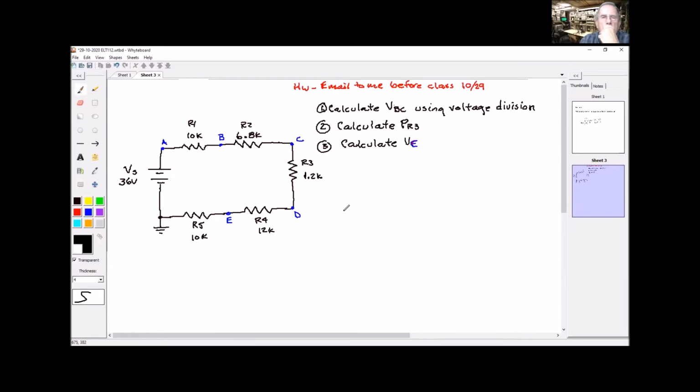Okay, so you were asked to calculate VBC using voltage division. Between B and C is R2, so that's the resistor we want to use in the top.